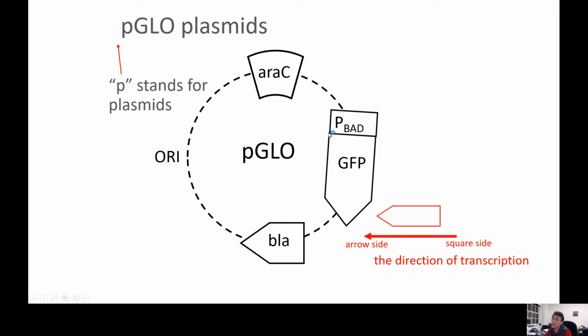PBAD is a promoter region for the region that used to code for araB, araA, and araD proteins, which are catabolic proteins. And then the BLA gene encodes for beta-lactamase, which is an antibiotic hydrolyzing enzyme.